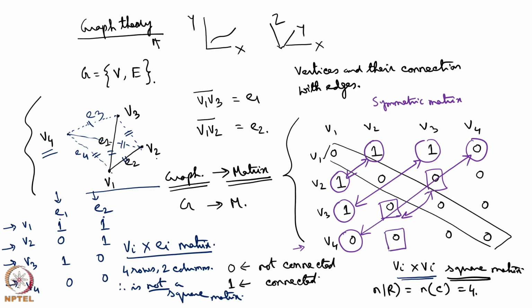V4 and V2, and V2 and V4, here they are zeros, but both of them can be 1. It is not possible that here this is 1 and that is 0. Look at the diagram from where we started, and here this is 0, V4, V3, and you have V3, V4, they are the same.